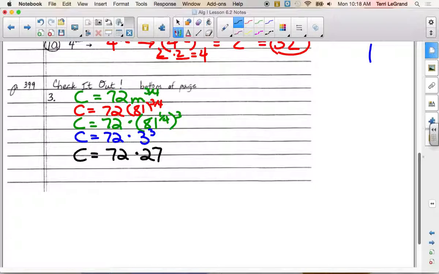Holy cow, it's looking like this panda bear is going to get a lot of calories, Steve, huh? Yeah, lucky guy. Okay, so I will let you use your calculator now. 72 times 27 equals 1,944, and we give it a label, calories, because we know that's what it's representing.